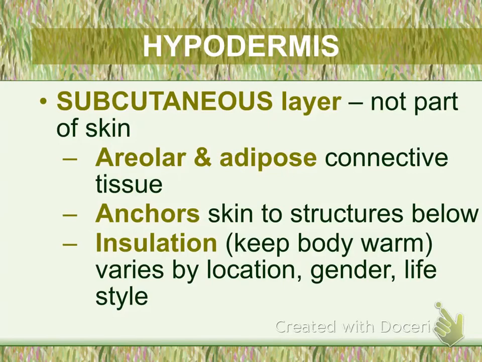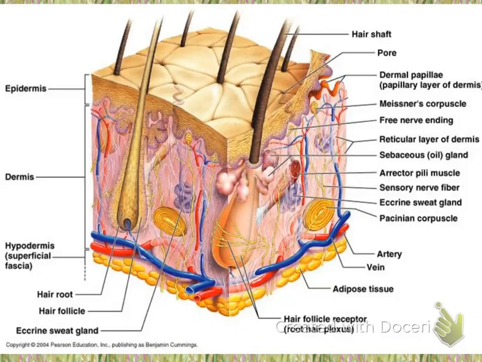One of the things you're going to have to know is the structures within each layer of the skin. So the epidermis, which is the more superficial layer, is much thinner. It contains three structures that you need to know. One is called the hair shaft, which is the portion of the hair that's above the skin.